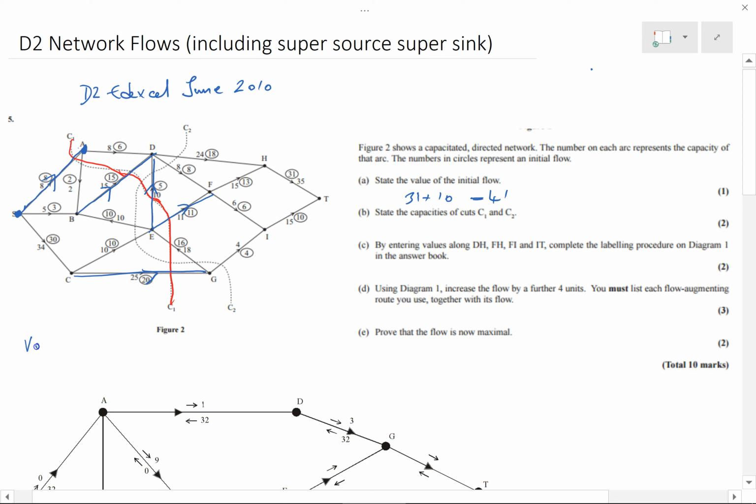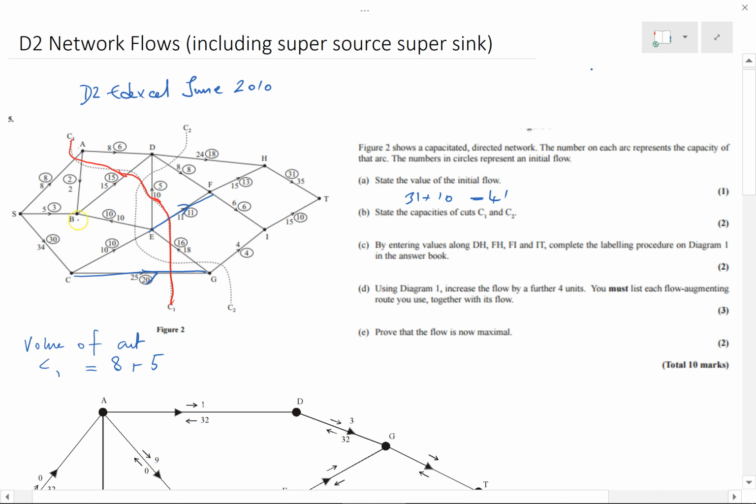So the value of cut C1 is equal to, now remember it's capacities, that's important. Value of cut means capacity, so that's 8, and that's 15, and this number 10 there, because it's the capacities that contribute to it. Let's take these off as I go.